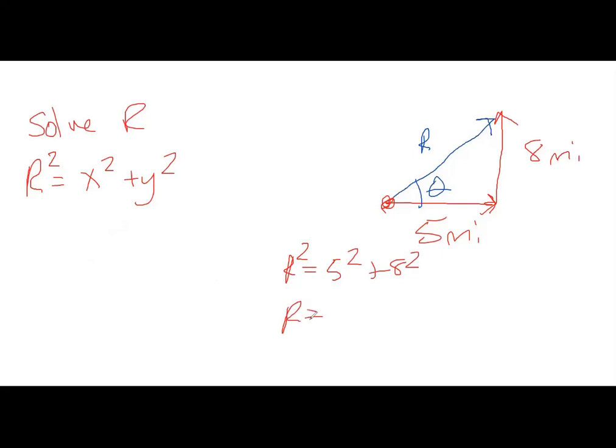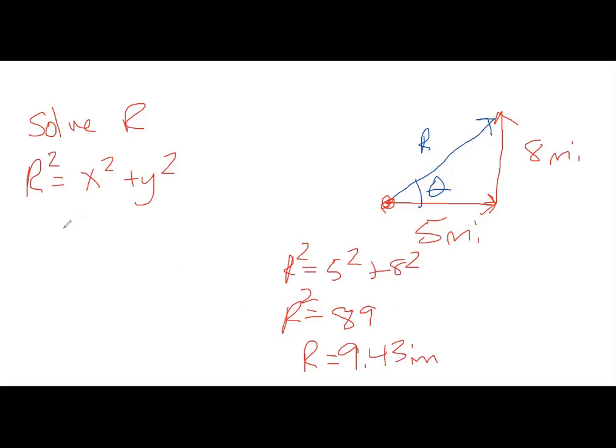R squared equals 89. R equals the square root of 89, which is 9.43 miles.